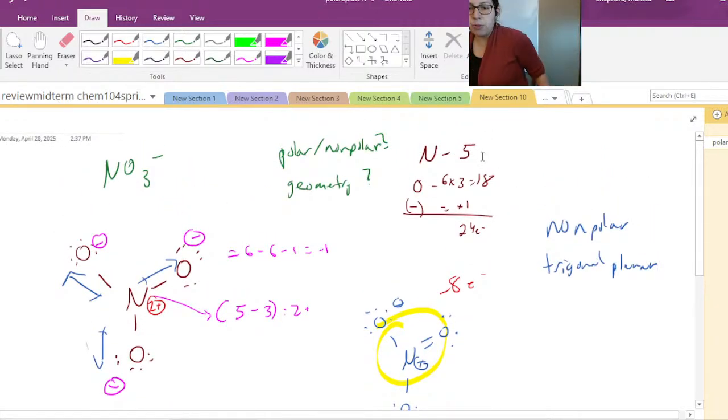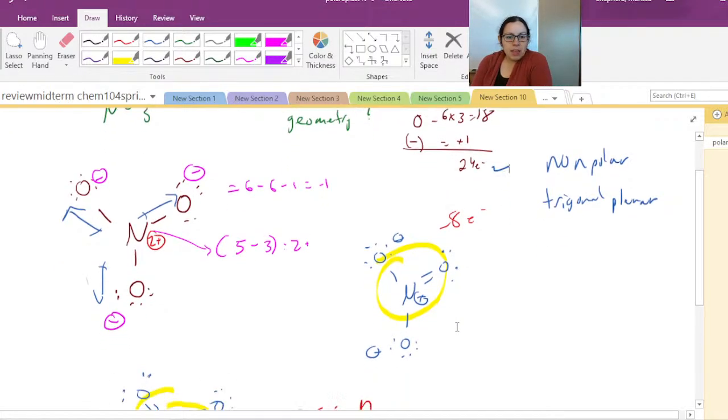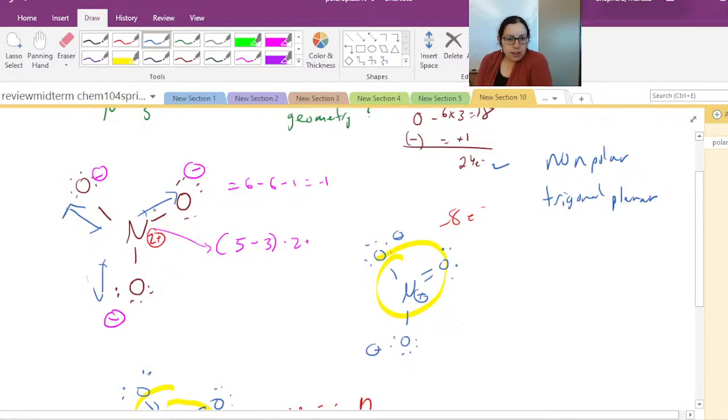So again, key points: you have the correct number of electrons. That's the most important, your total electrons. And then it's always good, like I said, to identify formal charges if they're there. And then you're also thinking about fulfilling the octet rule. So it would probably be best to note, just for a complete answer, that we only have 6 electrons here.